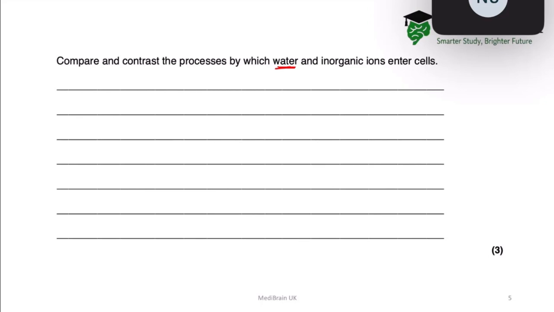Ions can dissolve in the water and move across within the channel proteins. However, think about co-transport: we had sodium ions moving out by active transport. So ions can move against the concentration gradient by active transport.